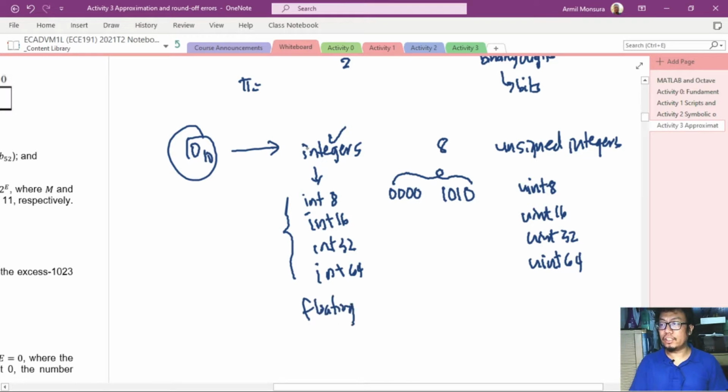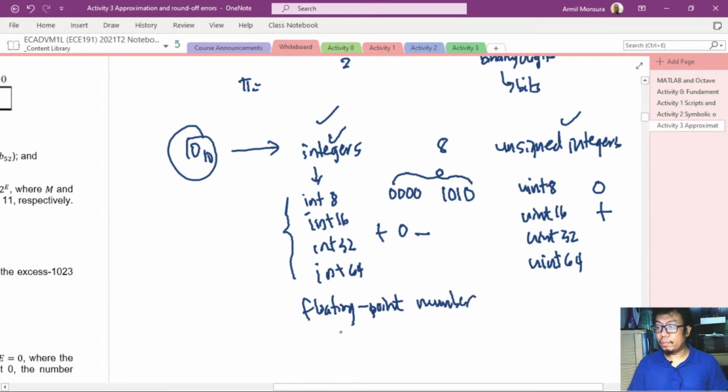Since these are integers, they can only represent full numbers, or in the case of integers, positive, 0 and negative numbers only. In the case of unsigned integers, it has 0 up to positive numbers that it can represent. But in both cases, it cannot represent numbers with fractional parts.